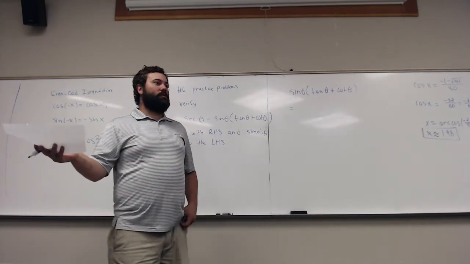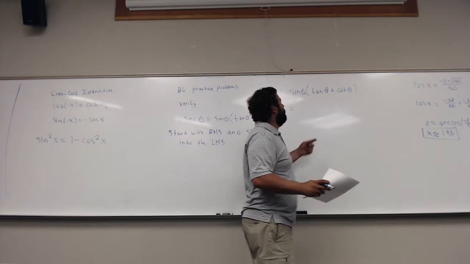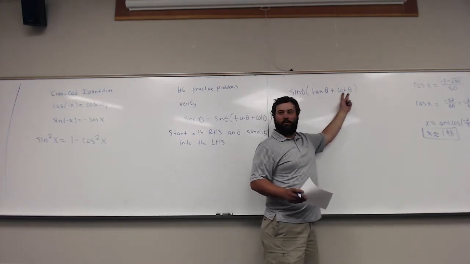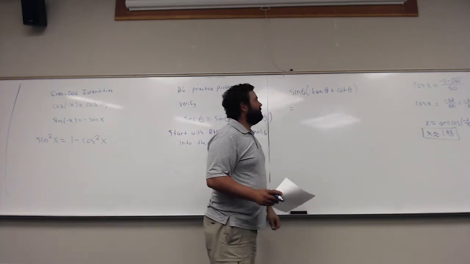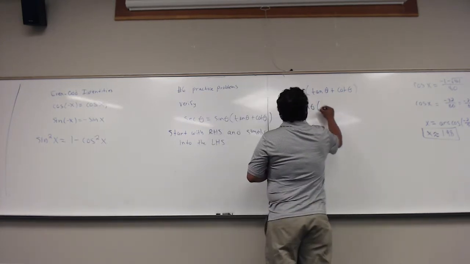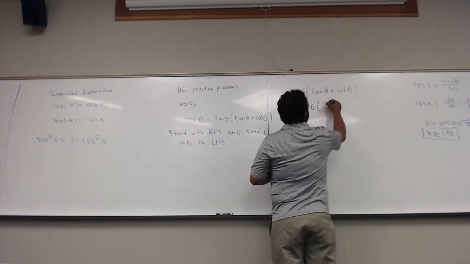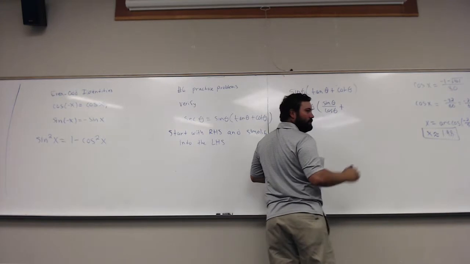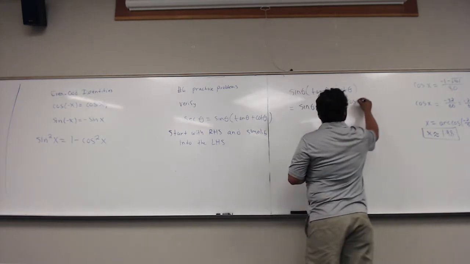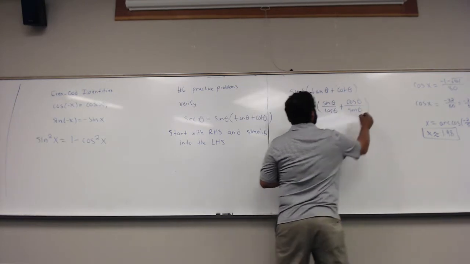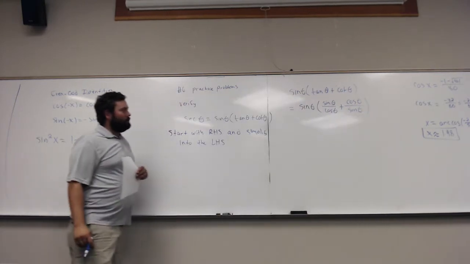Okay, so Kirsten's recommendation was maybe the only thing we can do here is use the quotient identities. Yeah. We can rewrite tangent theta and cotangent theta. So tangent is sine theta over cosine theta, and cotangent is just the reciprocal, cosine theta over sine theta. And then distribute the sine.